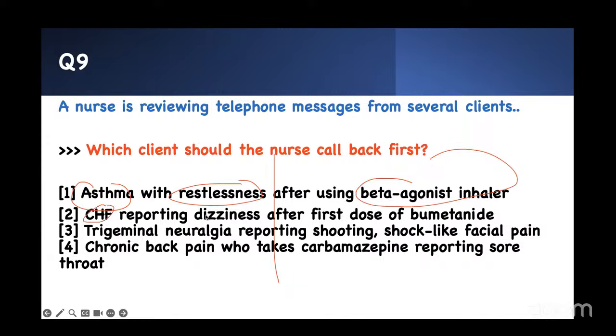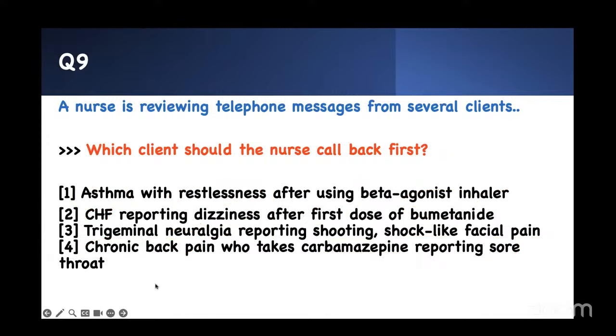CHF. You report dizziness after the first dose of what? Bumetanide. Do you recognize the medication? Trigeminal neuralgia. I have shooting, shock-like facial pain. Is this what you expect in trigeminal neuralgia? I have chronic pain. I take carbamazepine, and I have a sore throat. Ask yourself, what do you think is going on?